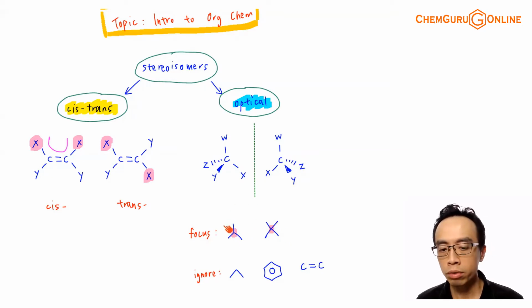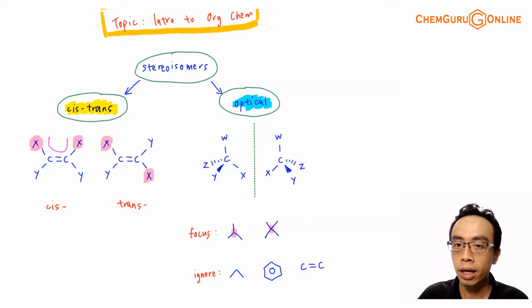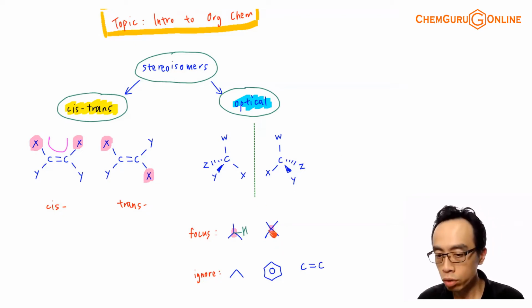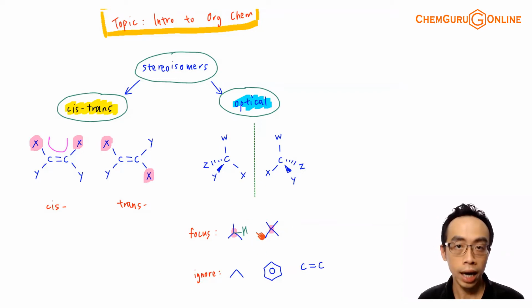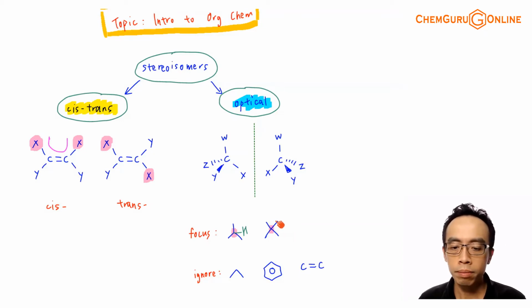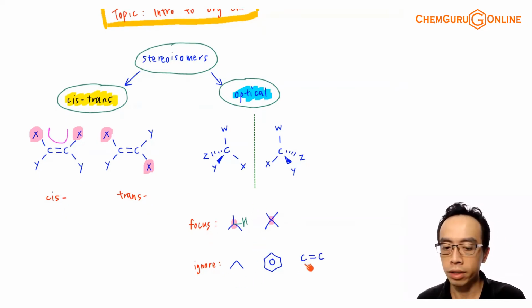Now remember, when we draw skeletal formula, when I have a specific carbon that looks like it is bonded to 3 groups, there's actually a hidden hydrogen that is not shown, and therefore this carbon is actually bonded to 4 groups. And we also look out for carbon bonded to 4 different things. Usually these 2 guys will be chiral. Of course, what we have to look out for is maybe carbon bonded to 4 groups, but 2 of the groups are identical.